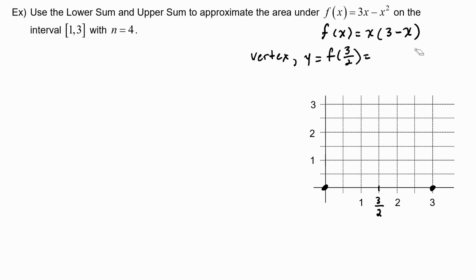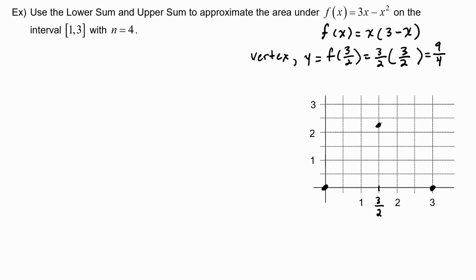I like this second form because plugging in 3/2 for x right here, and then here 3 minus 3/2 is 6/2 minus 3/2, which is also 3/2. So the y value is 9/4. So we can plot that point, 2 1/4.